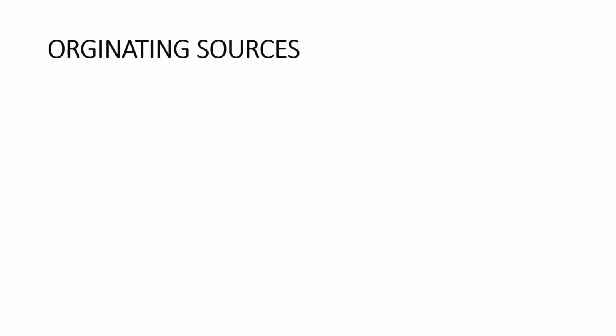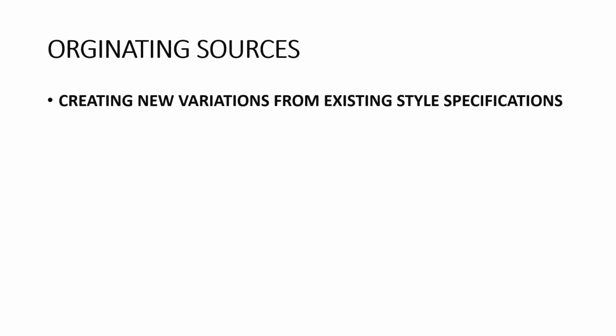Now what are the other aspects, students? Yes, there are some other aspects also. By creating new variations from existing style specifications. This is very interesting. You see, in this business a lot of styles are running styles. So sometimes buyers pick up samples from the running styles and create some modifications or variations.